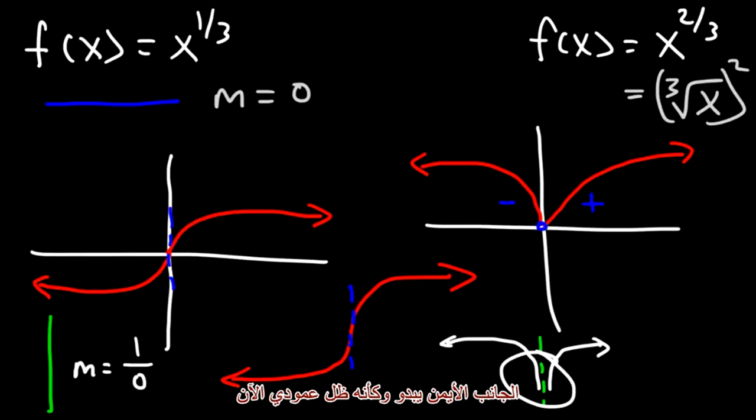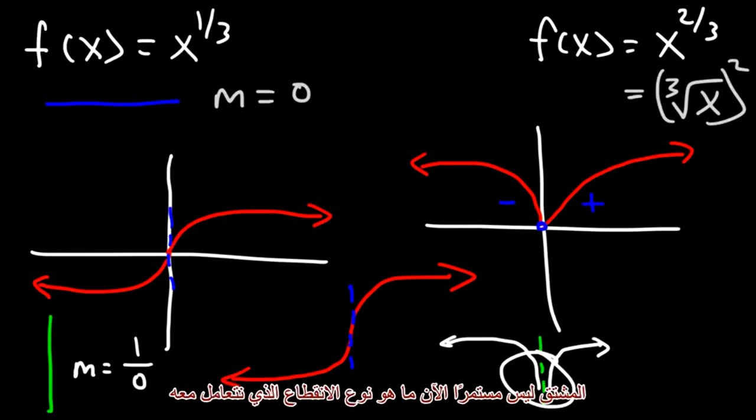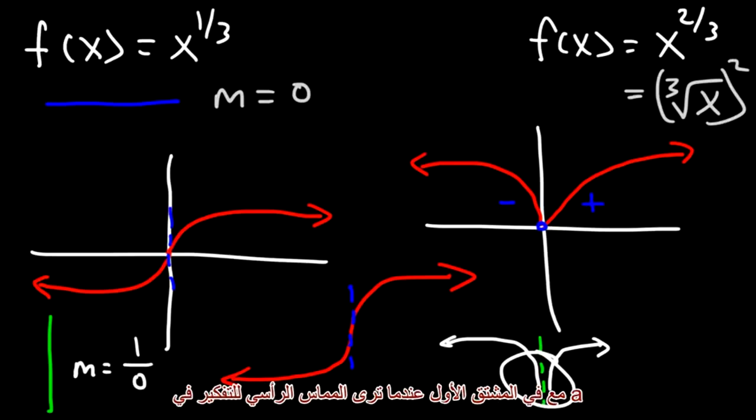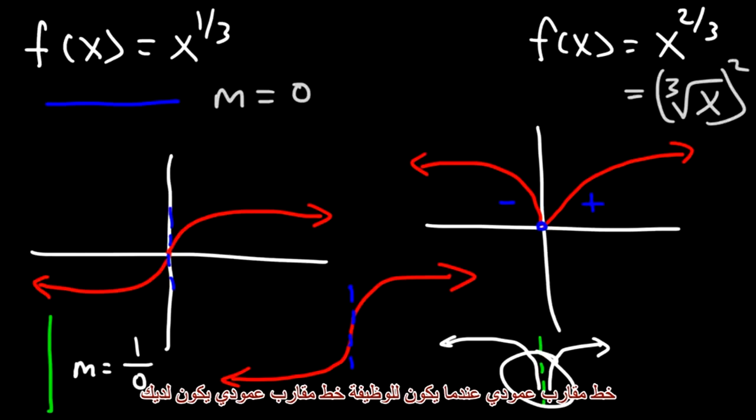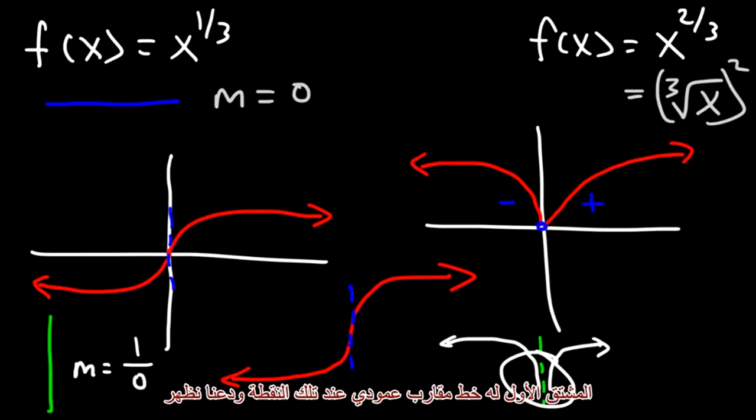Now, the fact that it's not differentiable at this point tells us that the first derivative is not continuous. Now, what type of discontinuity are we dealing with in the first derivative? When you see a vertical tangent, think of a vertical asymptote. When the function has a vertical asymptote, you have an infinite discontinuity. So if you see a vertical tangent, that tells us that the first derivative has a vertical asymptote at that point. And let's show that.